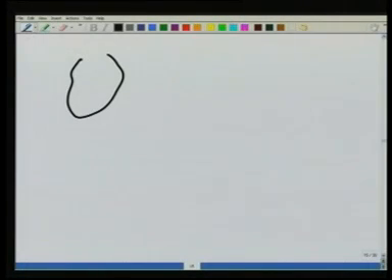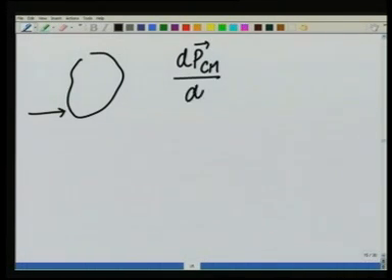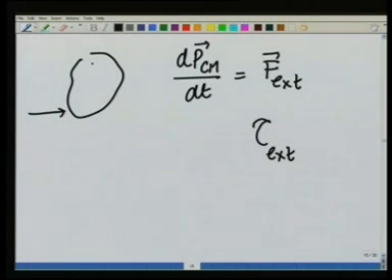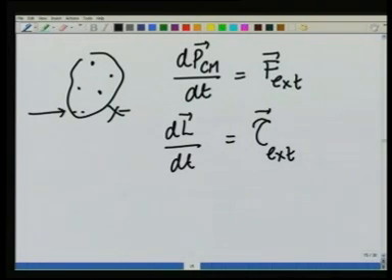So, let us take a rigid body, apply say force here. One thing is very clear, that the center of mass moves according to this equation that we had already derived. What about the torque? There is a torque about any given point which is not in line of the force, and this should be equal to dL/dt about that point.